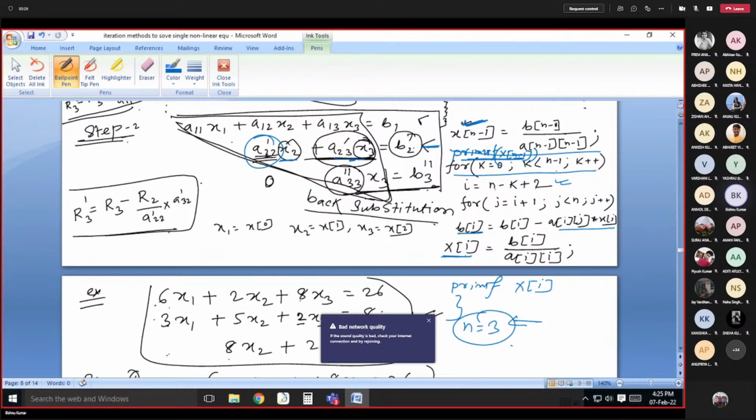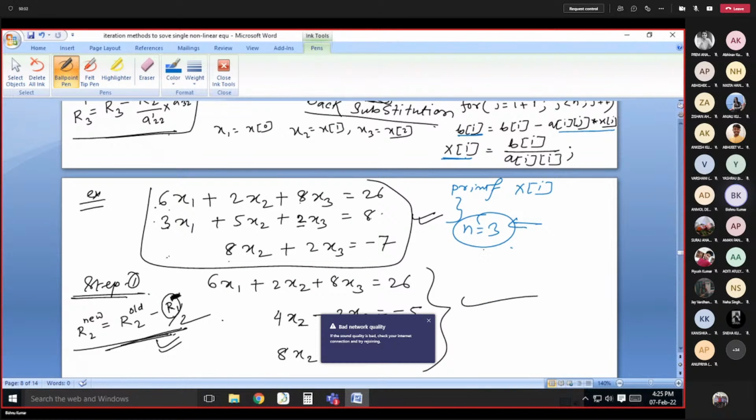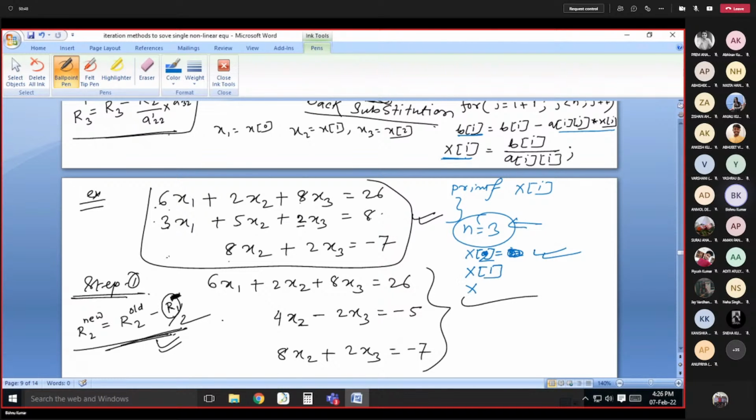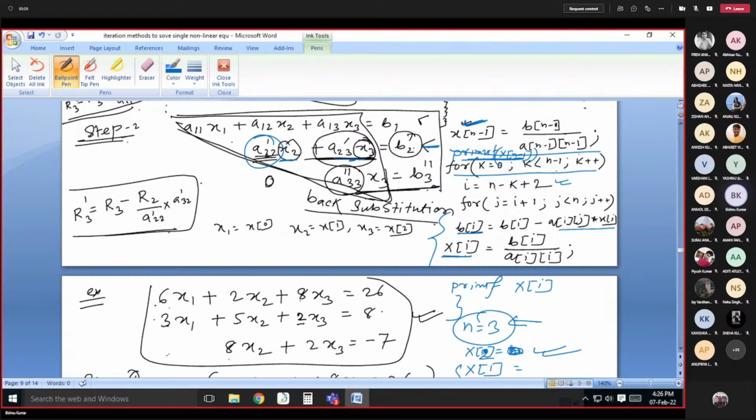You will print here. Then if you take input n equals to 3, it will give you x0 to x2. Within these two loops, two values, sorry, x2 equals to the value first, then x1, then x0. x1 and x0 will be coming from the loop, and x2 will be printed as the last value. You got my point?